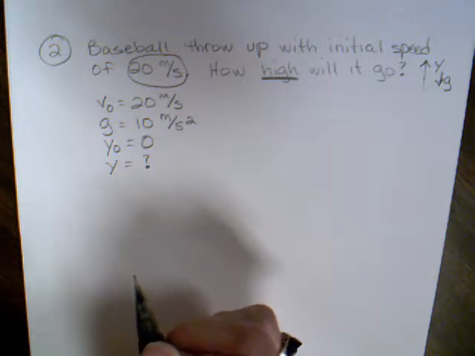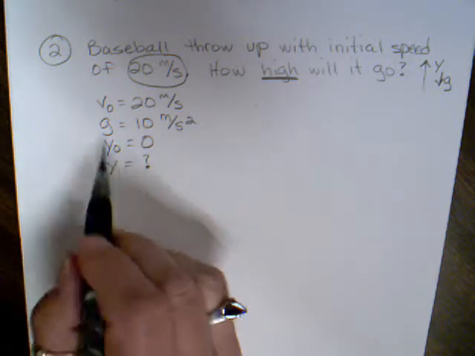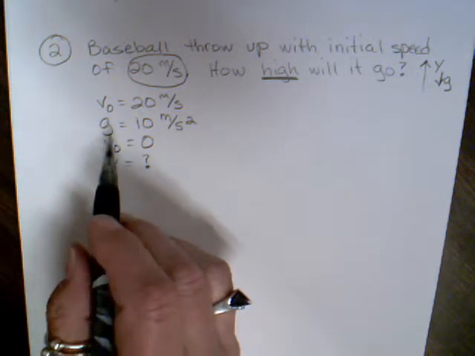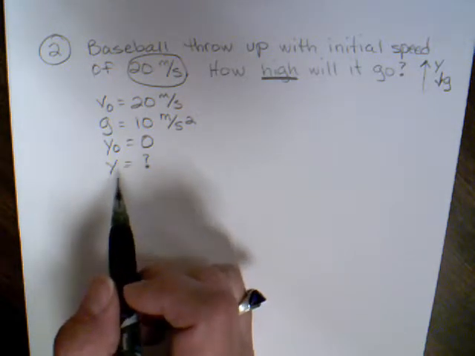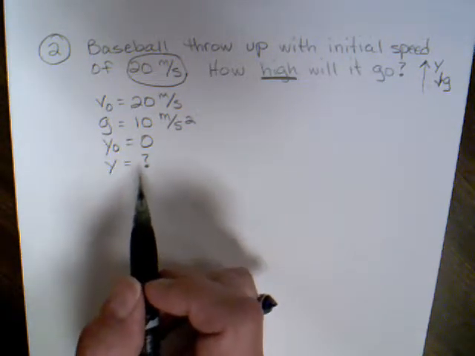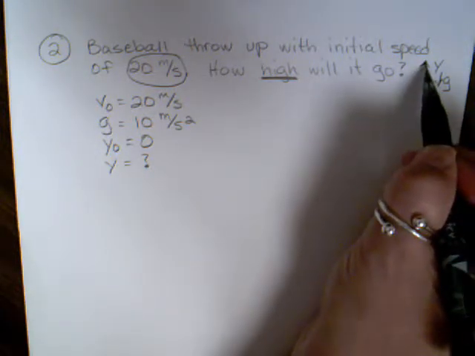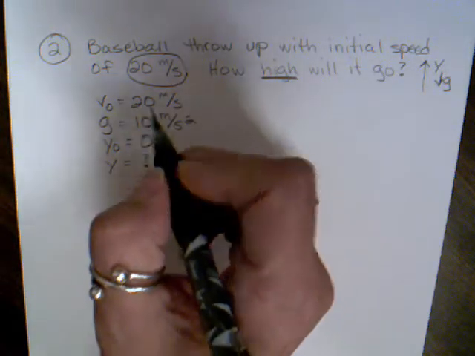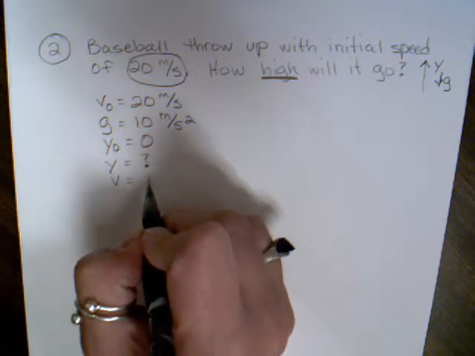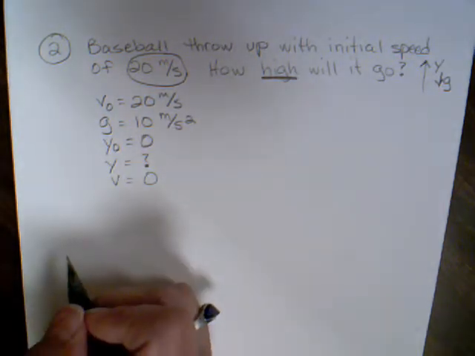So I'm going to look at my formulas and find something that I have most of these things with. I can also assume that when it gets to the top, my velocity right before it stops and heads back down to the ground is going to be equal to 0. That's another assumption I can make.